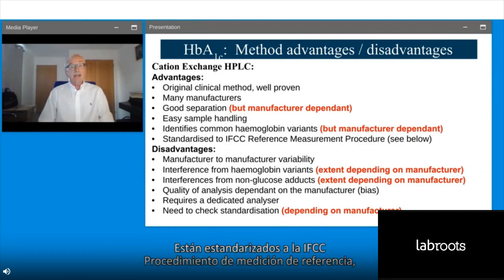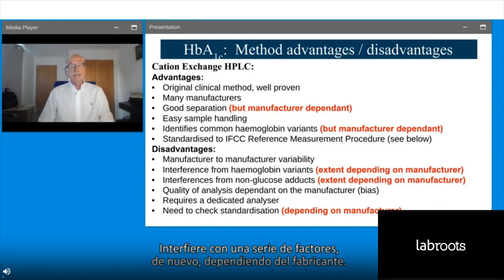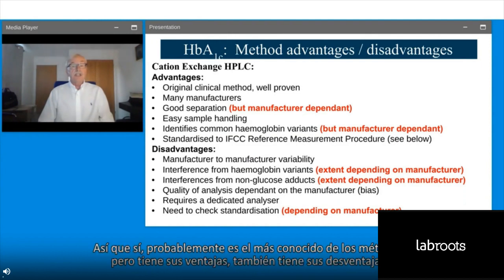It standardized the IFCC reference measurement procedure, something I will come back to later, but again, be careful, it depends on the manufacturer. It is interfered with by a number of factors, again, depending on the manufacturer. So yes, probably the most widely known of the methods, but it has its advantages, and it also has its disadvantages.